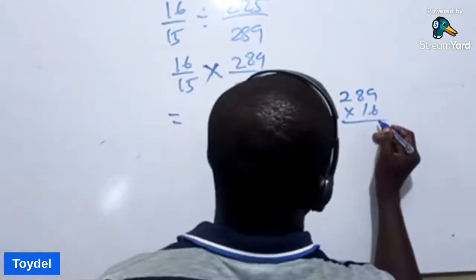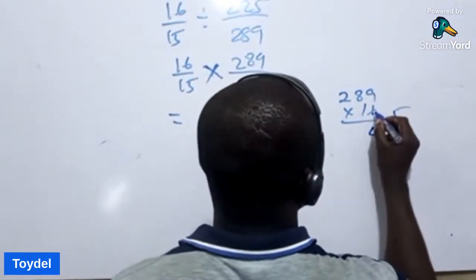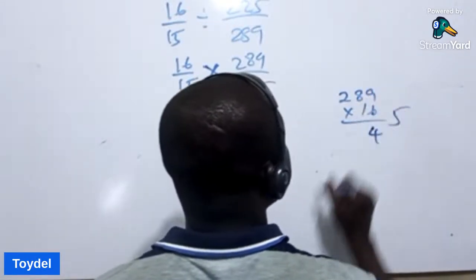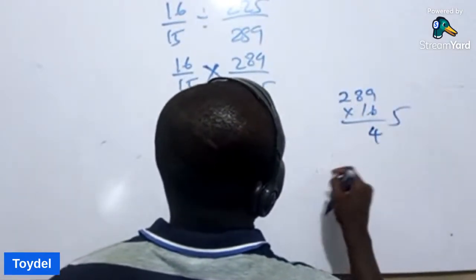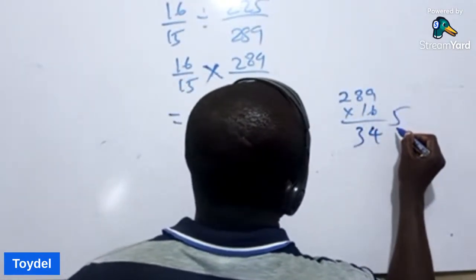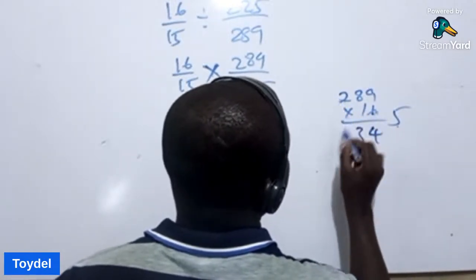So if I multiply this, 6 times 9, 54. I put 4 and carry 5. 6 times 8 is 48, that's 53. Remainder 5. 6 times 2 is 12, that's 17.